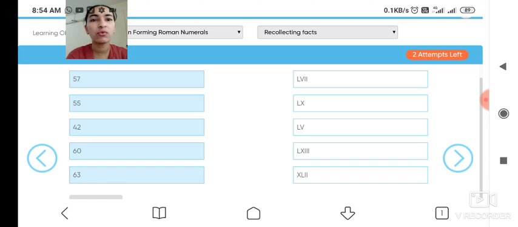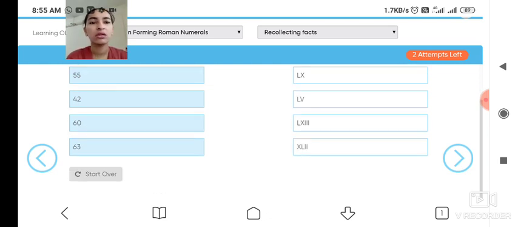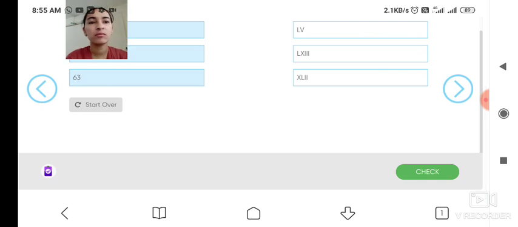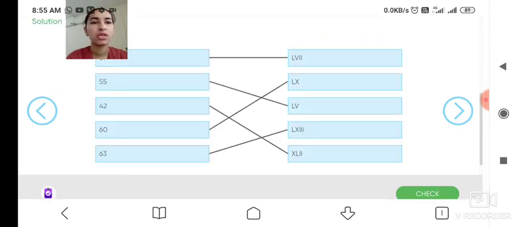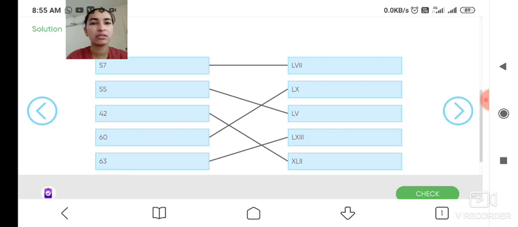Now 42, 40 plus 2, how is 42 written? Or is it 50 minus 8 also there? Which one is that? Tell me the answer. See here, this is the correct answer.